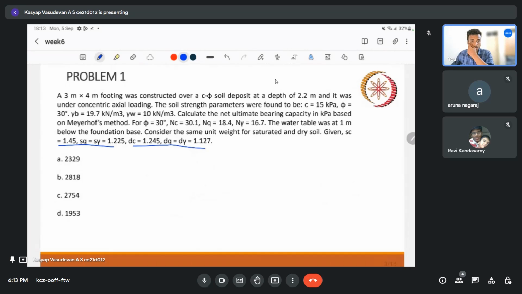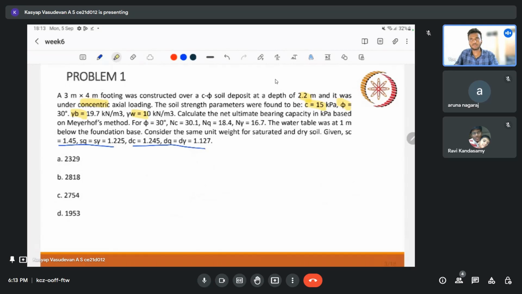We are given a c-phi soil. The c and phi values are given. We know the densities of water and so on. 2.2 meter is the depth of the footing, and it's concentric.